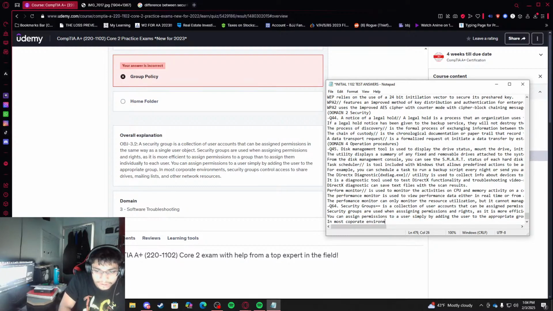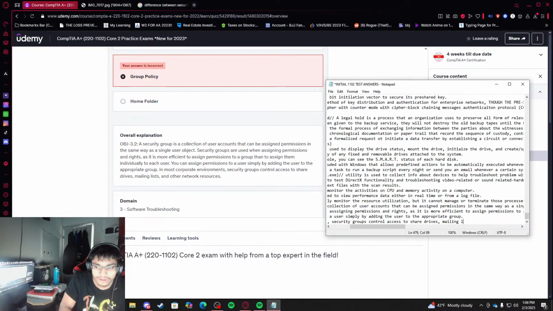Environments, security groups control access to shared drives, mailing lists, and other things.